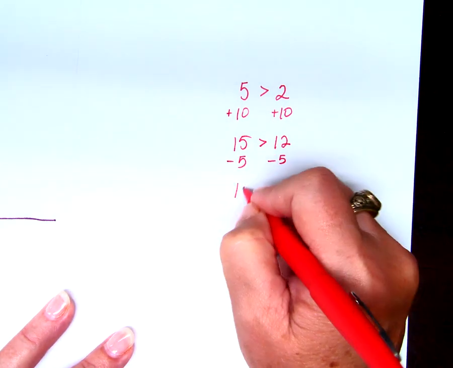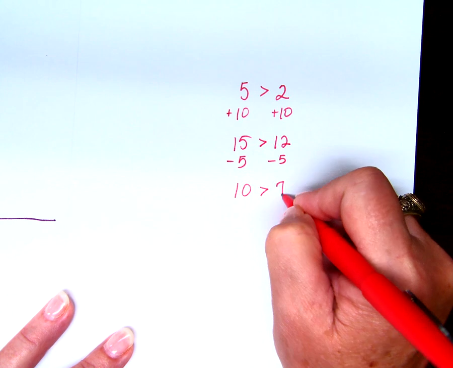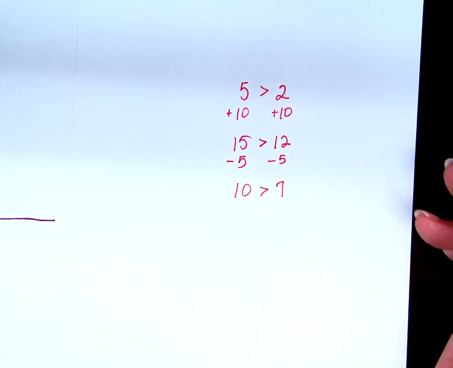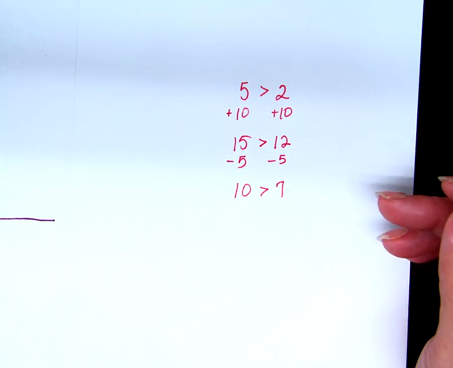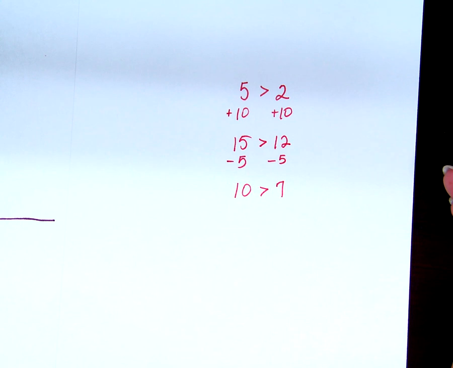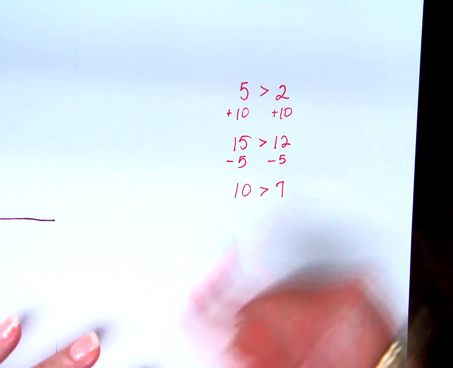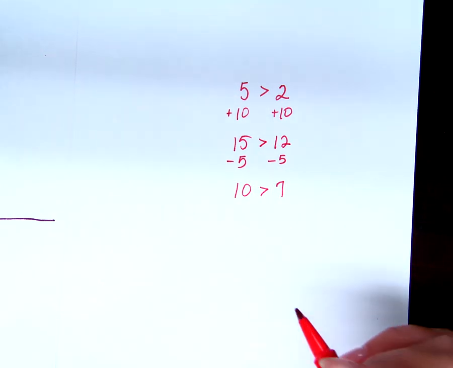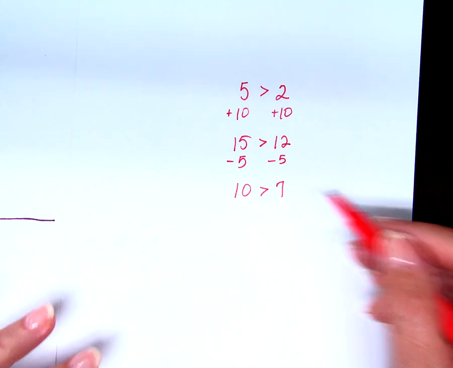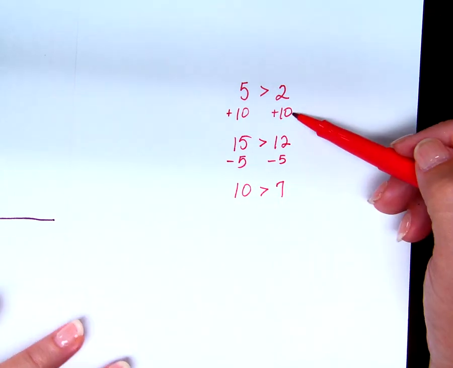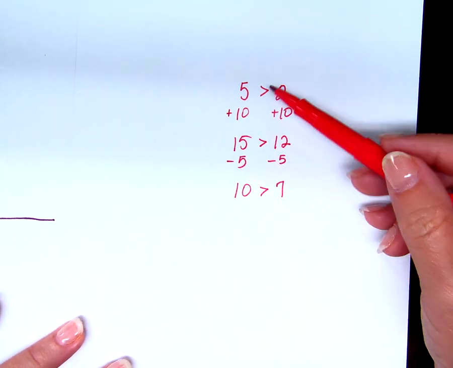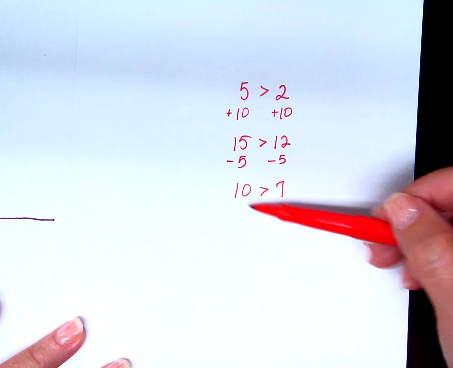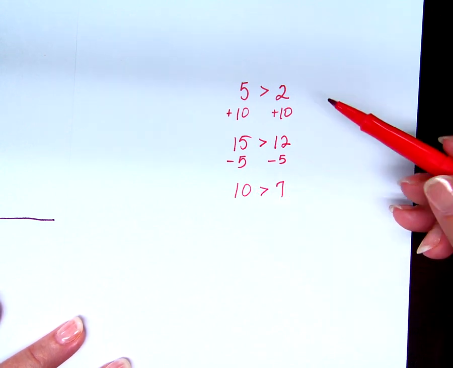Is 10 greater than 7? That's still a true statement? No problem with that? 10 is still greater than 7, right? So I can add anything I want or subtract anything I want, as long as I do it to both sides. It's still a true statement, right?